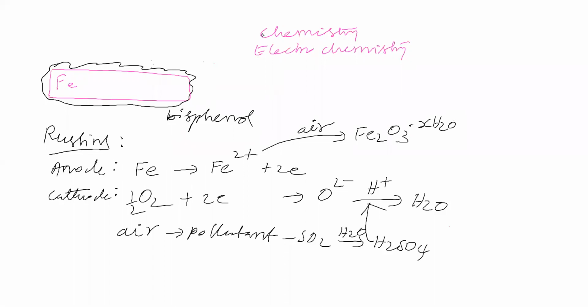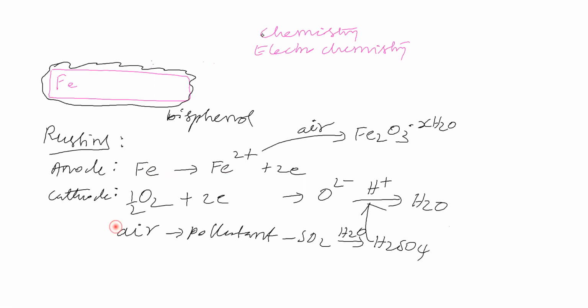So rust formation takes place because of impurity of iron. In rust formation, the anodic process is due to impurity of iron. Impurity will be there in whatever way we prepare iron. Due to impurity, iron goes for oxidation.